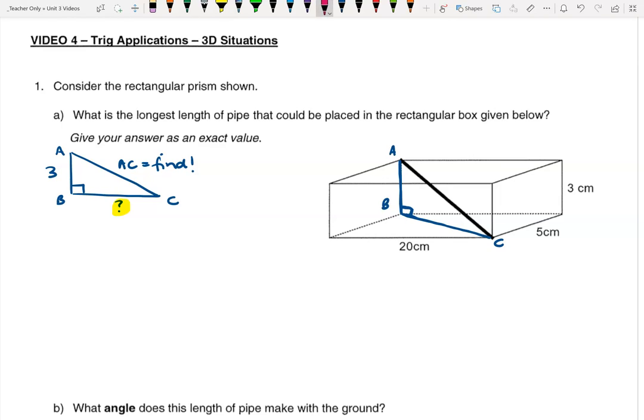Well, the length BC is actually the hypotenuse to another right triangle we can create on the very bottom of our rectangular prism.